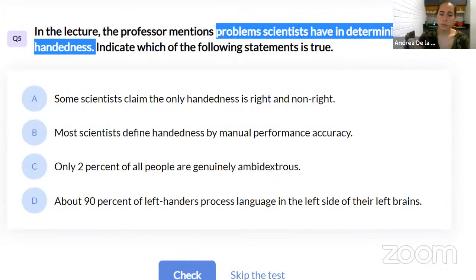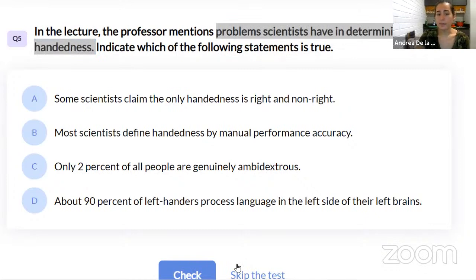Okay, we have a message. Ricardo says, I think it's D. About 90% of left-handers process language in the left side of their left brain. Okay. Henry says D. Only 2% of all people are genuinely ambidextrous. Okay.